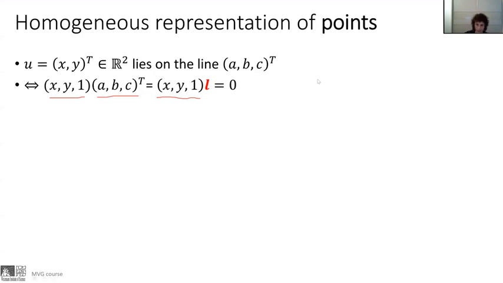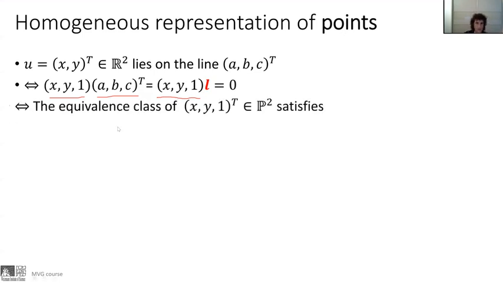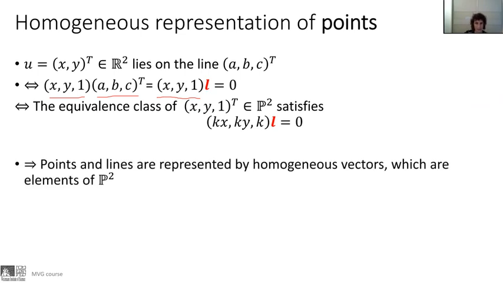However, the equivalence class of this homogeneous coordinate representation of XY also satisfies the equation of the line. So all in all, points and lines are represented by homogeneous vectors, which are essentially elements of P2.